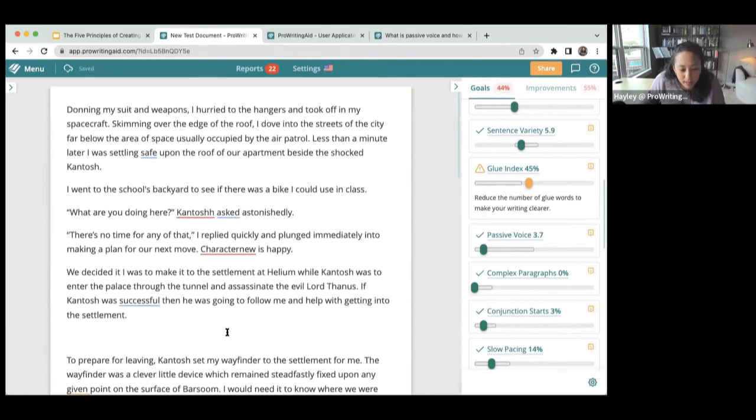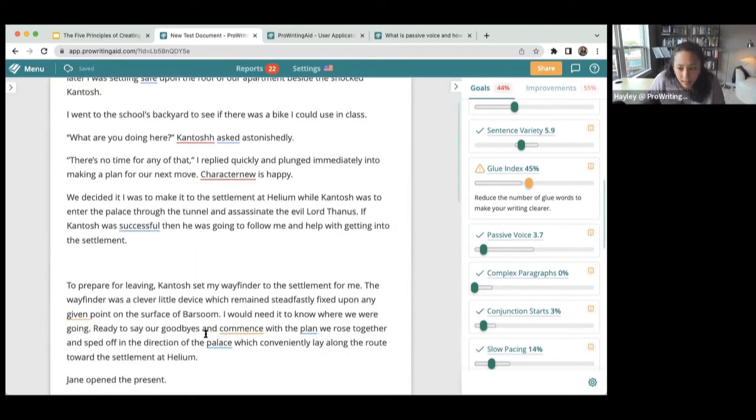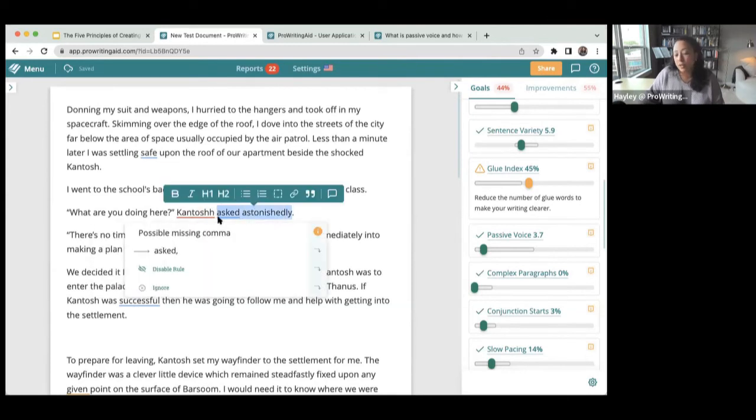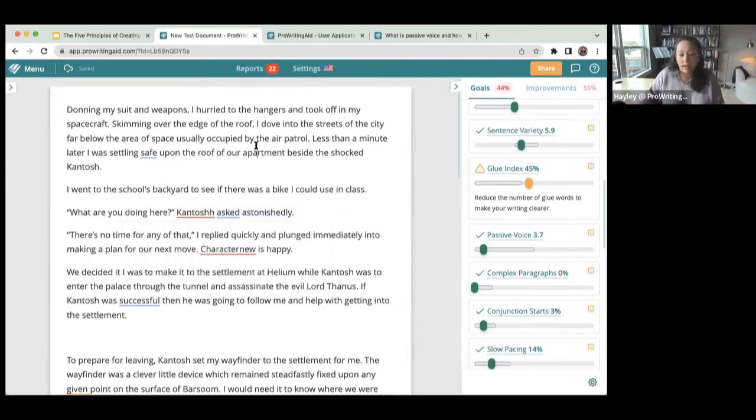All right, I don't want to waste too much time finding them. But again, there are many instances where ProWritingAid can find places where you've used nominalizations. It can also find places where you have used adverbs to improve your verbs, right? And where you can, like Patricia was saying, find a word that makes more sense.